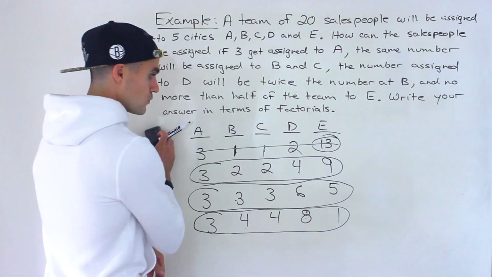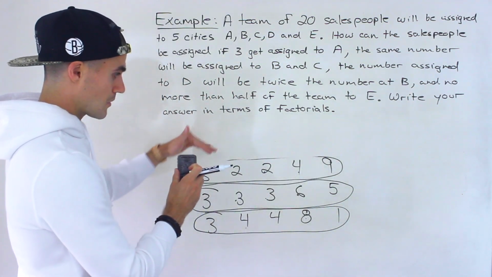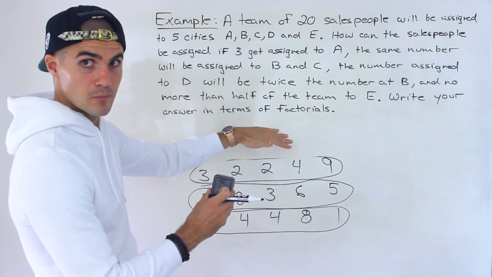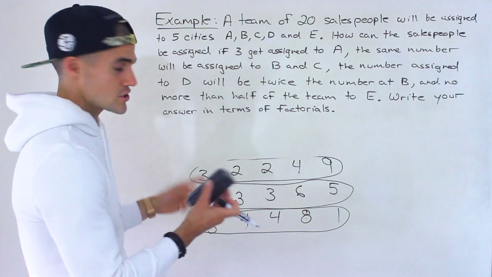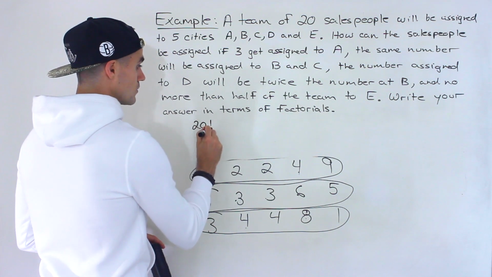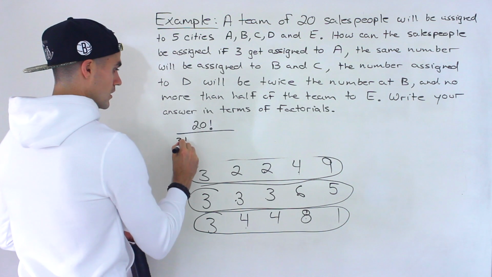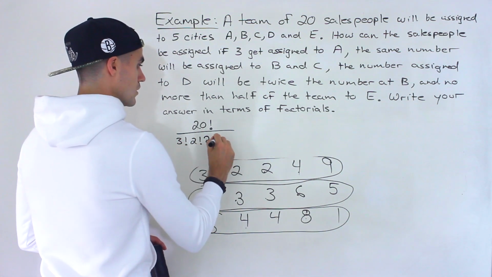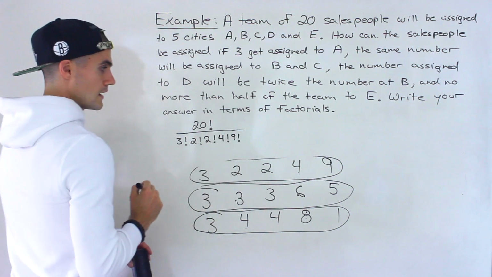If we break this down, remember, these are the labels with 20 salespeople. That's how they're going to be labeled according to the cities. We could create 3 multinomial coefficients, and that's going to be the final answer. For this first case, we'd have 20 factorial, the total number of salespeople, split up with 3, 2, 2, 4, and then 9.